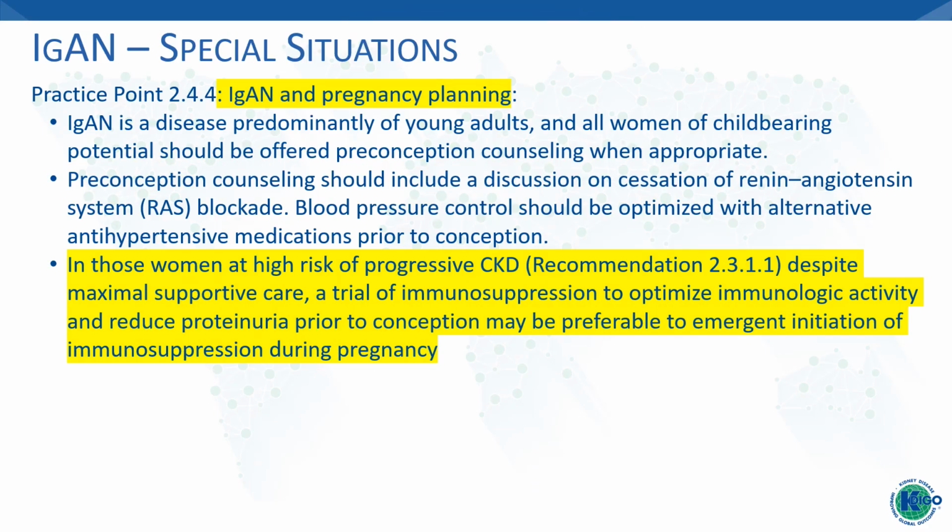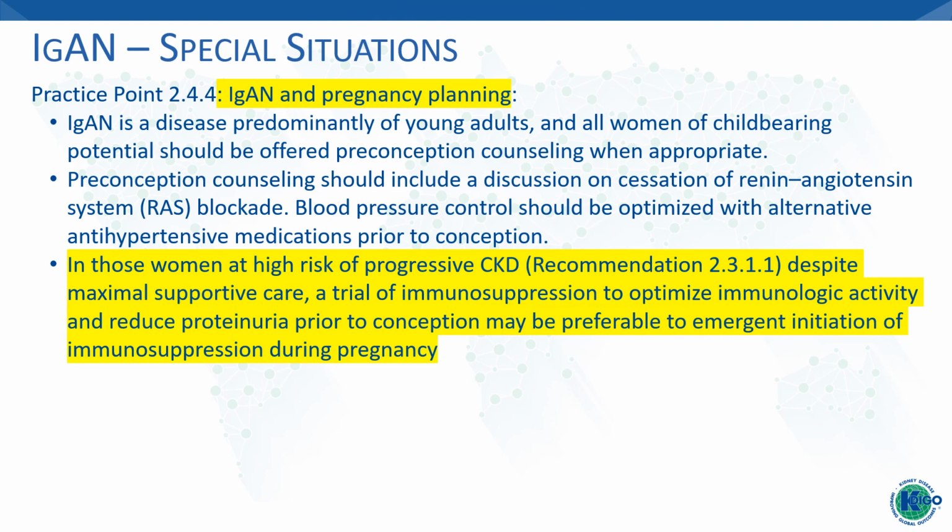Final point that I will say: IgA nephropathy and pregnancy planning. If you have a female who is diagnosed with IgA nephropathy and she wants to get pregnant, you have to maximize the supportive care to decrease the proteinuria to the lowest level you can, and you can have a trial of immunosuppression to optimize immunological activity and reduce proteinuria before conception.